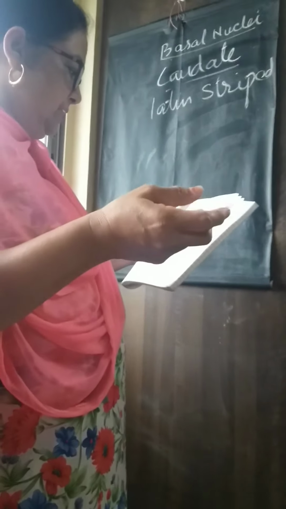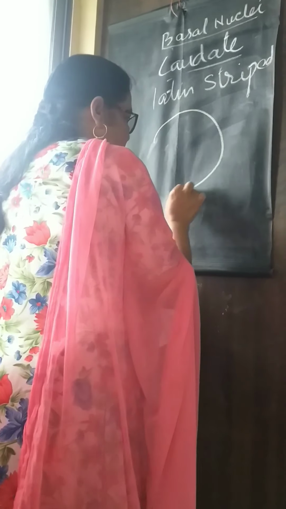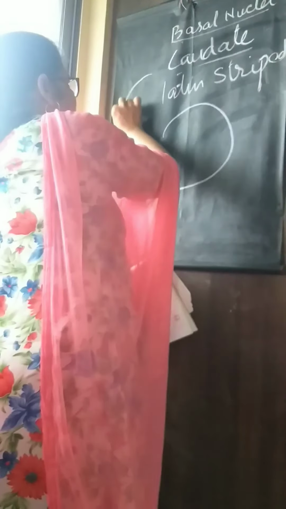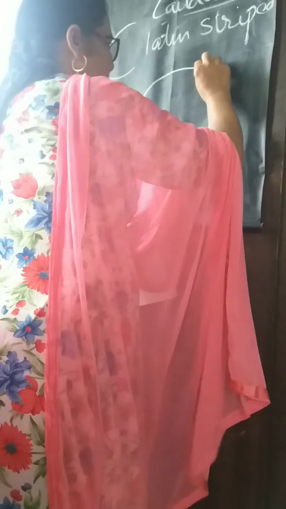This caudate nucleus is C-shaped, like this. Okay? It is surrounded by the lateral ventricle.